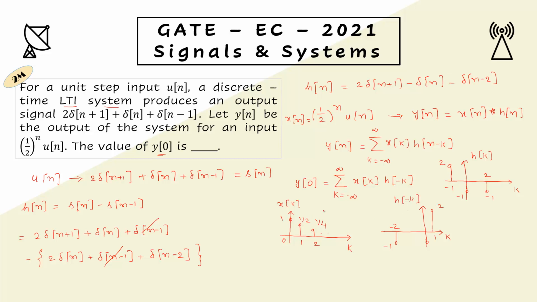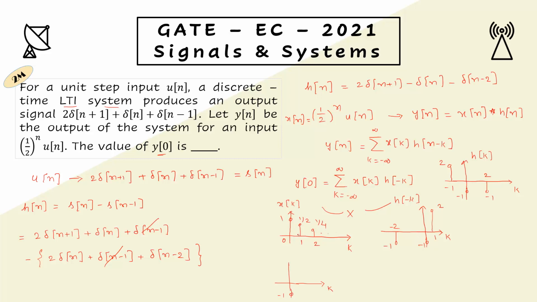We have to multiply x of k with h of minus k. So how does the final plot look? At 0, what is the amplitude? At 0, this is 1 and this is minus 1, so the total amplitude would be minus 1.